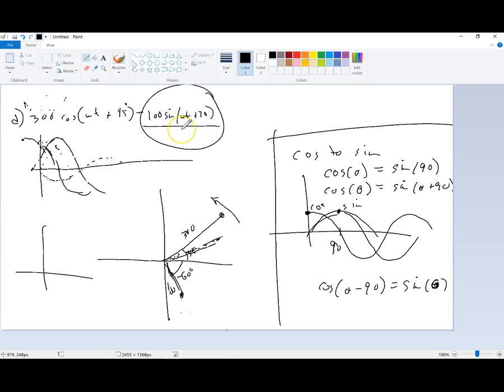Because this is 100 sine, so this is 100 angle minus 60, and we have to subtract 90 degrees to get it into a cosine. So this becomes minus 100 cosine of omega t minus 60. But it's negative. And that implies either a 180 phase shift, which is the same thing as flipping this to the other side of the complex plane across the origin, right?